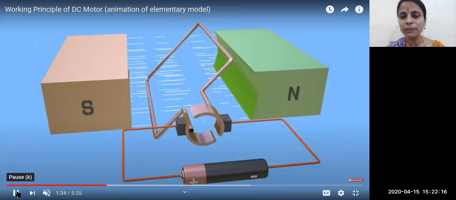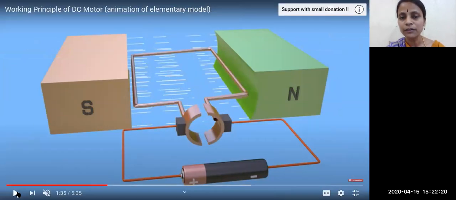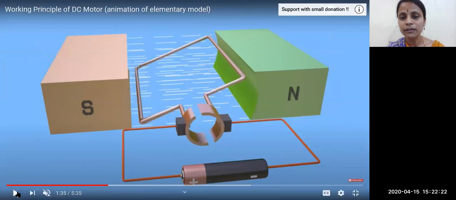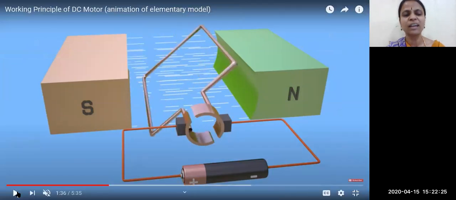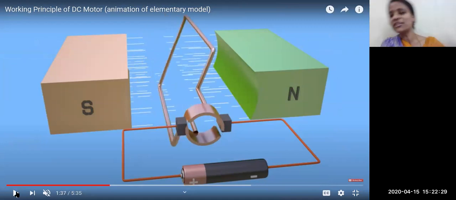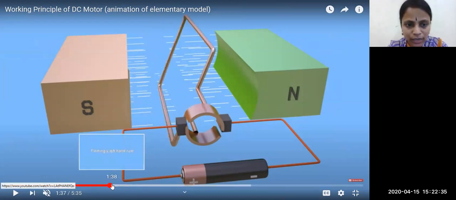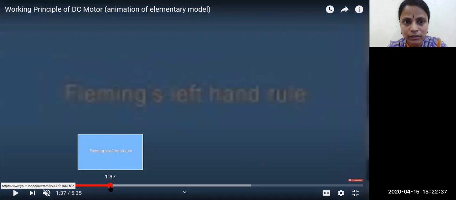Let me pause at a point. Okay, let's move a little further. I'm unable to stop it properly. Do you see this, children? I just stopped. It slightly moved. Do you see actually at this position? Let's try slightly moving it back.